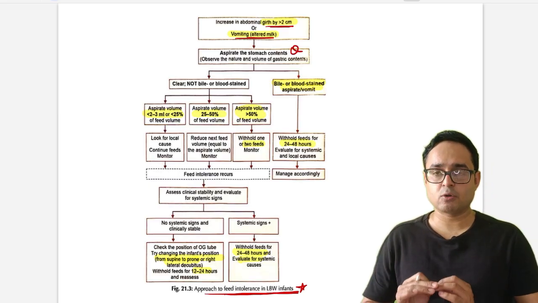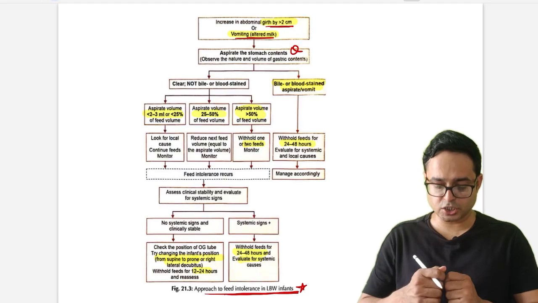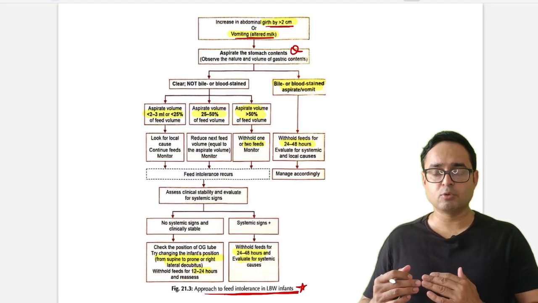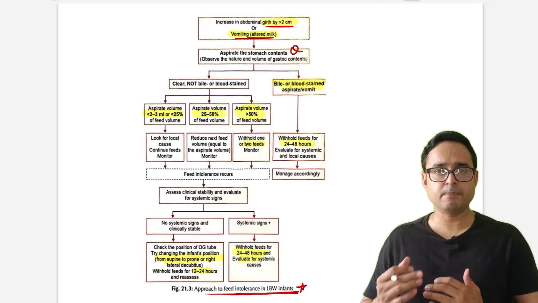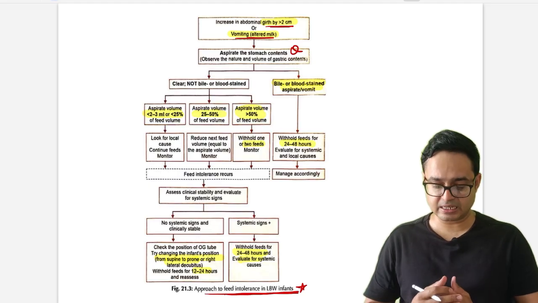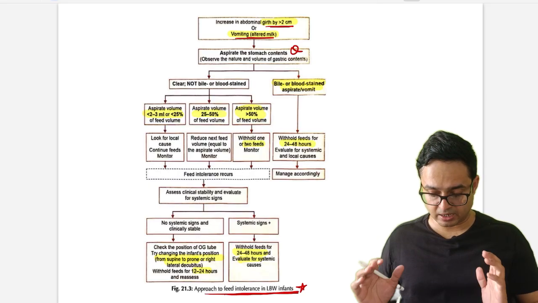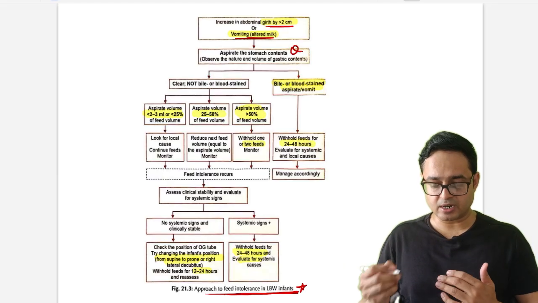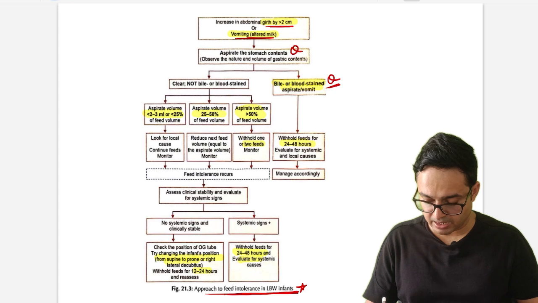So this is again a question: what are the criteria for aspiration of stomach content in a neonate? If the increase in abdominal girth is more than 2 centimeters, or altered milk like bile or blood is seen, you have to aspirate.